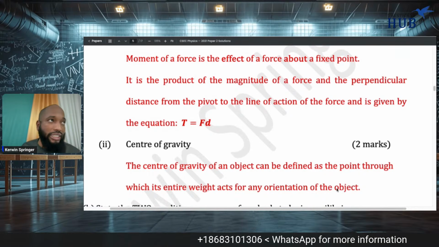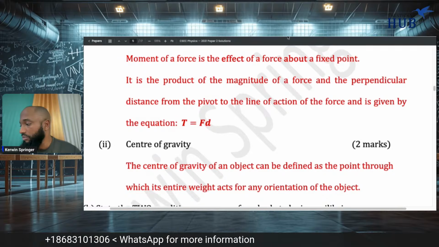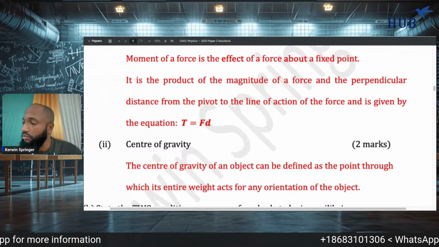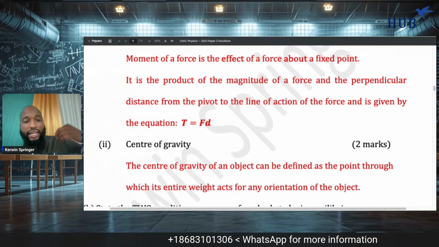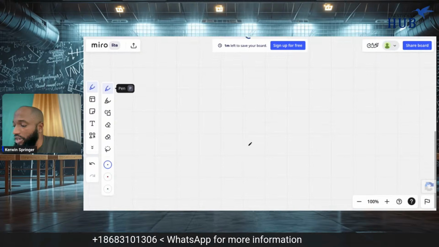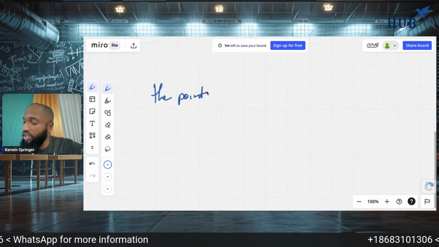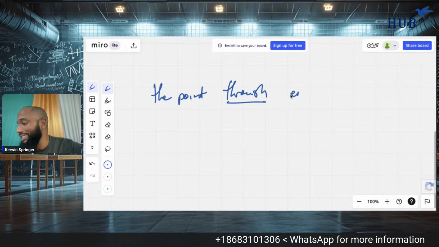Learn it exactly, learn all the tricks with it. The point through which the entire weight. We use the connector "through" which the entire weight.